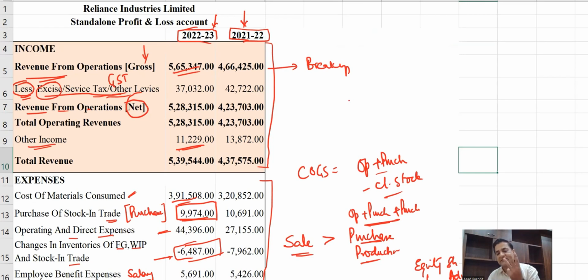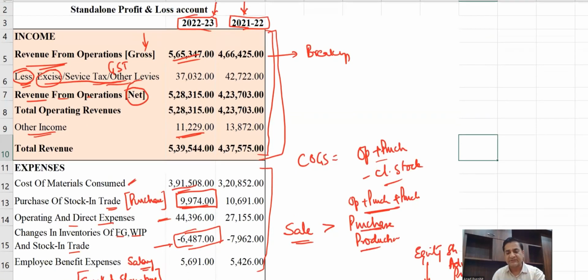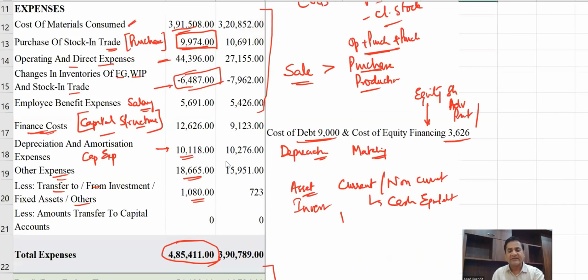What we need is three things. One is revenue, one is expenditure. Then the third one is how to write them. What are the rules that we need to follow? All you need to do is write the income on one side, write the expenditure related to generating this income on the other. Once I deduct this expense from income, what I am left with is the profit before tax.